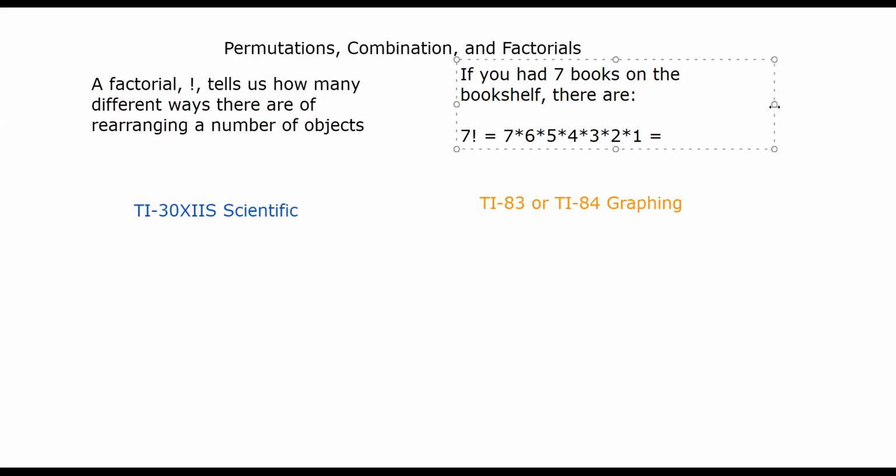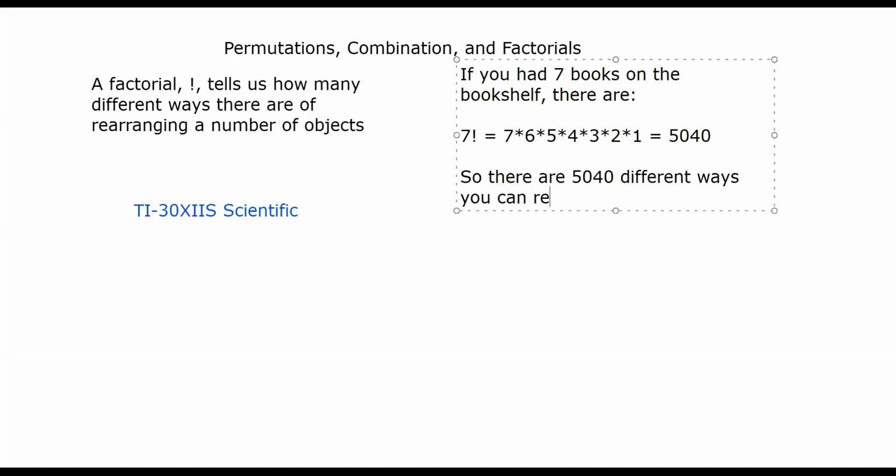Whatever that comes out to is the number of ways I can rearrange 7 books on the bookshelf. Now, I believe this calculation is 5,040. So there are 5,040 different ways you can rearrange 7 books on a bookshelf.